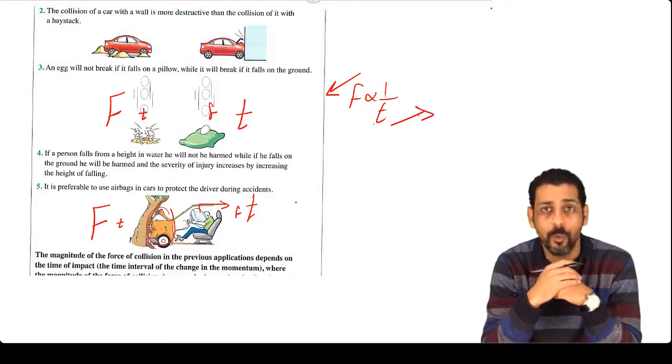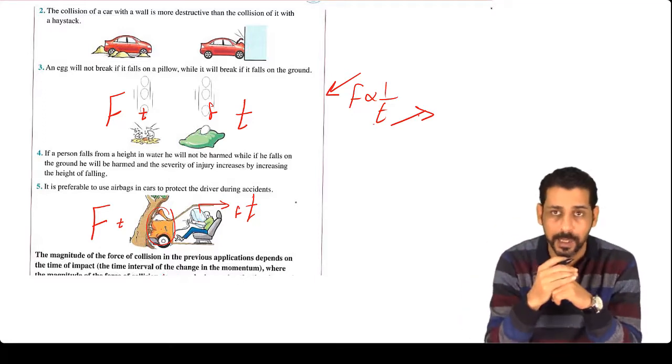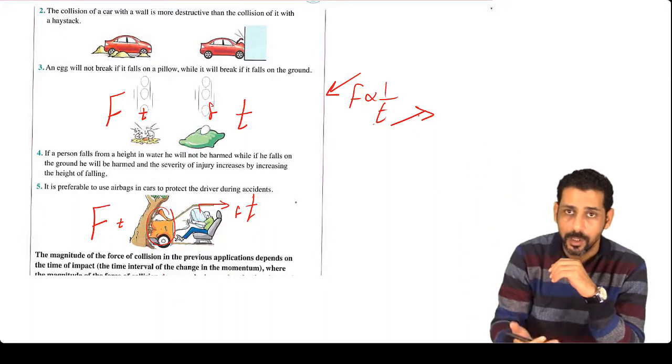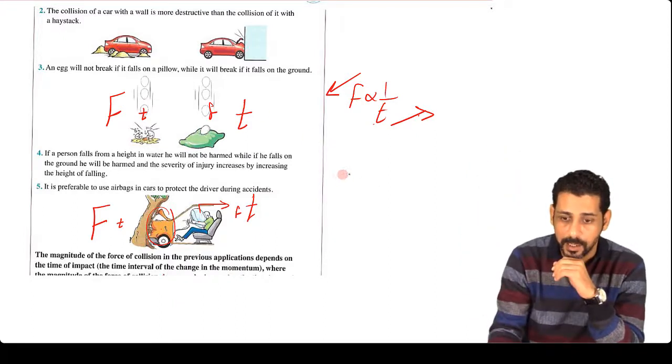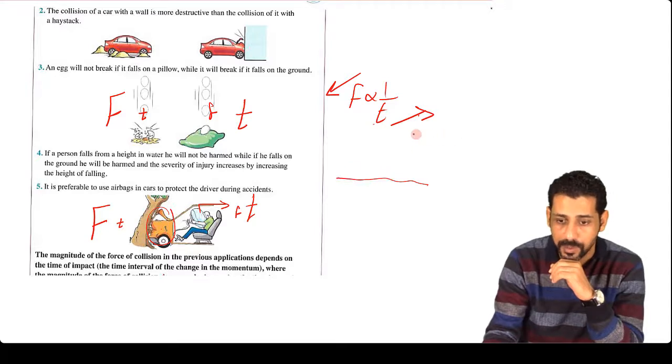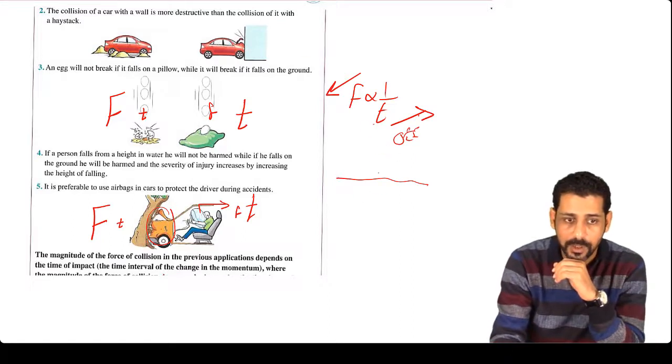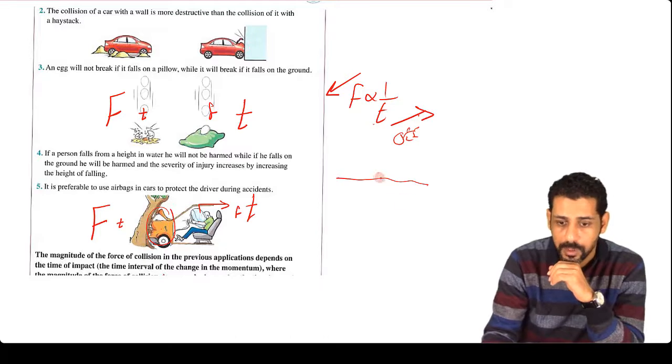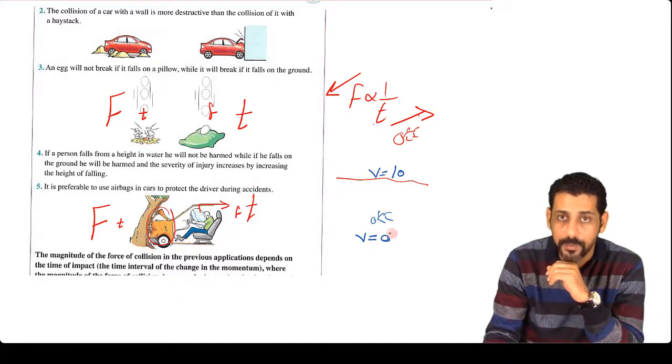Okay guys, طيب example برضو للكلام ده, when you drop something in water, لما بنرمي حاجة في المية ايه اللي بيحصل؟ It takes a long time until it stops. يعني if there is someone, this is the water surface, and he just jumps in water, before he touches the water surface, say for example his velocity was 10, then at the end, once this man stops, his velocity will be 0. تمام؟ طبعا this takes certain time.